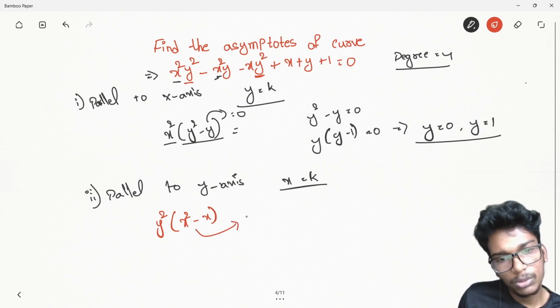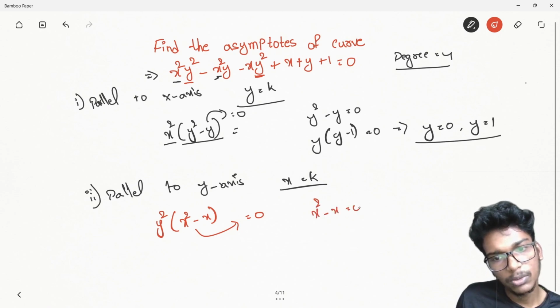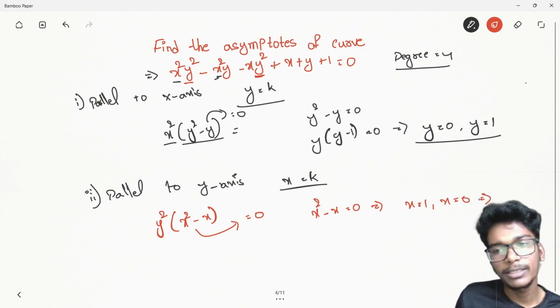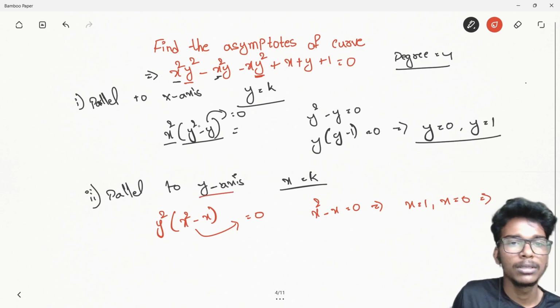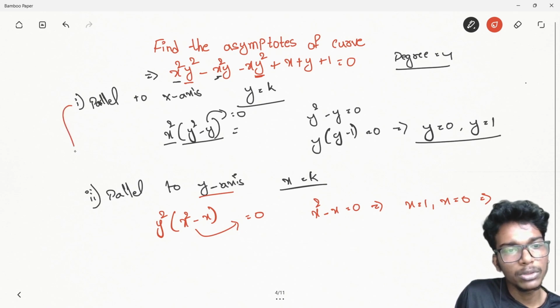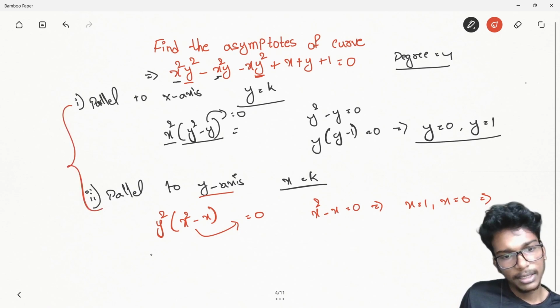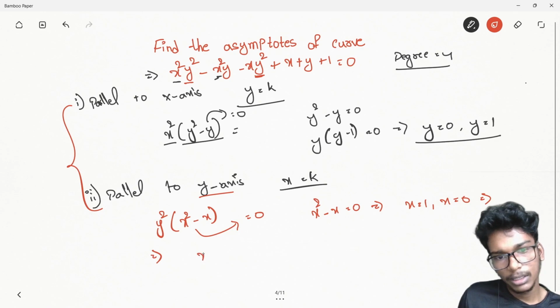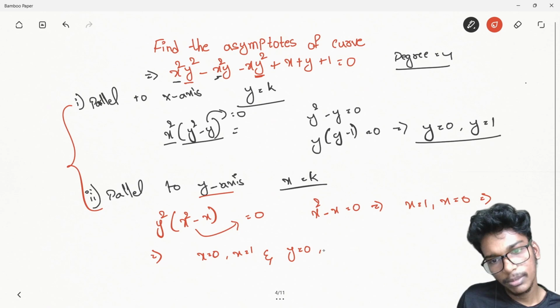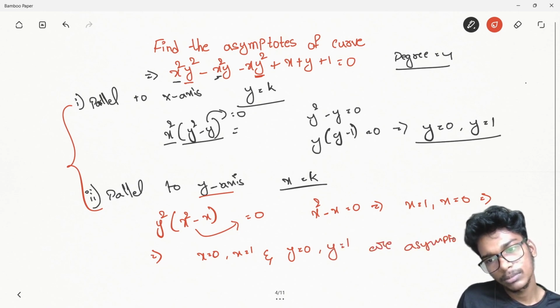We equate it to 0, so x square minus x equal to 0. That implies x equal to 1, x equal to 0. These are the asymptotes parallel to the y-axis. We are able to find all the asymptotes of this curve. The asymptotes of the given function are x equal to 0, x equal to 1, and y is equal to 0, y is equal to 1 of f of x, y.